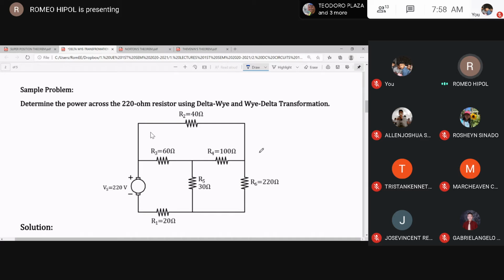Understood? So, for example, we are going to assign terminals to this circuit.